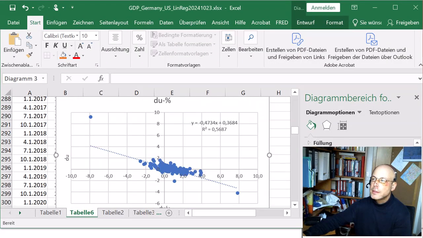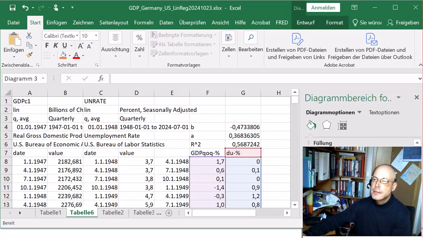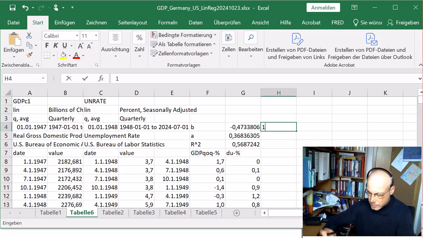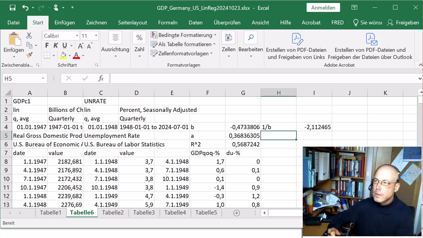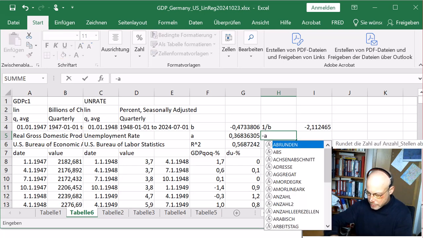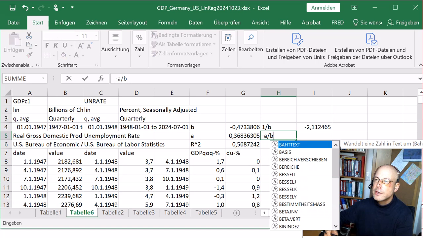Let's go into our data set. So what we then need is 1 over b, and this is, oops, 1 over b, and we need, oh no, minus a over b for the potential growth.